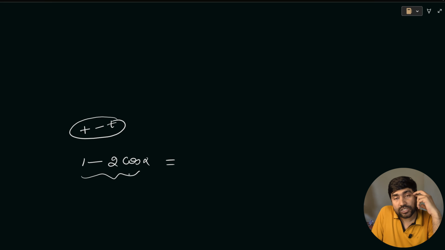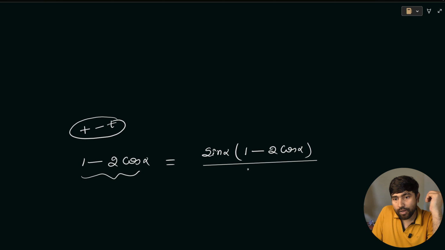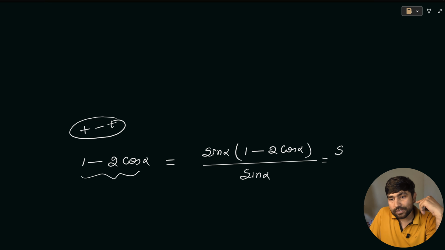Since this is 2 cos alpha, if somehow we create here 2 sin alpha into cos alpha, then that converts into sin 2 alpha. So let us multiply and divide by sin alpha. So 1 minus 2 cos alpha, we have multiplied by sin alpha and also divided by sin alpha. Then it becomes sin alpha minus 2 sin alpha cos alpha upon sin alpha.